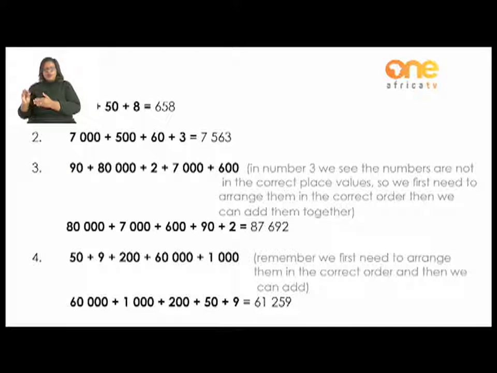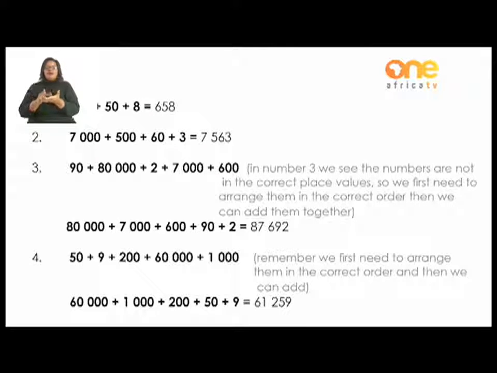Number 4, 50 plus 9 plus 200 plus 60,000 plus 1,000. Remember, we first need to arrange them in the correct order, and then only we can add. So we arrange them from the biggest value to the smallest. So let's arrange.